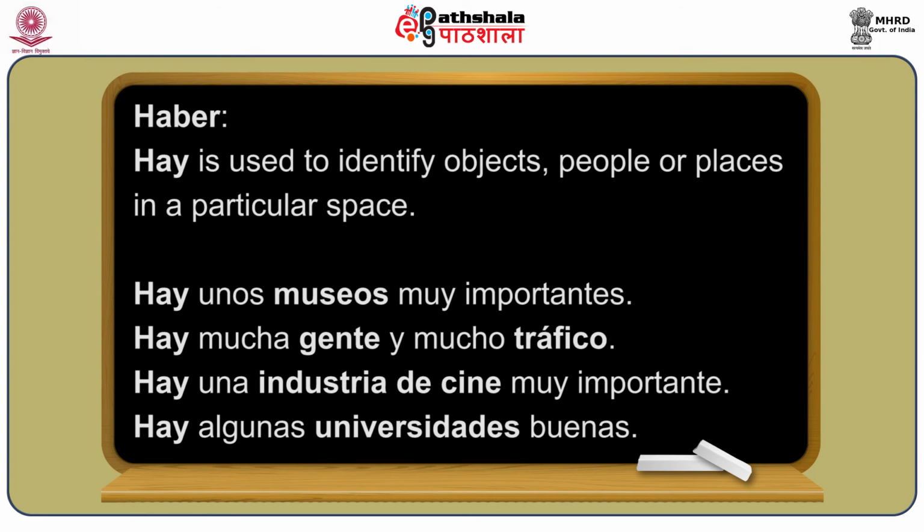For example, hay unos museos muy importantes, meaning there are some very important museums. Hay mucha gente y mucho tráfico, meaning there are many people and a lot of traffic. Hay una industria de cine muy importante, meaning there is a very important cinema industry. And hay algunas universidades buenas, meaning there are some good universities.